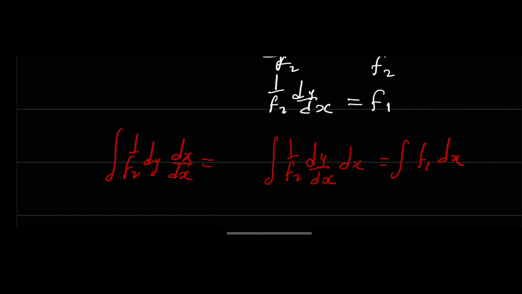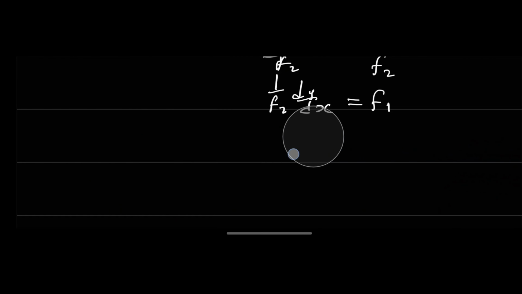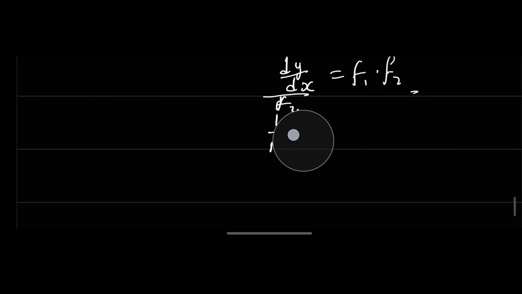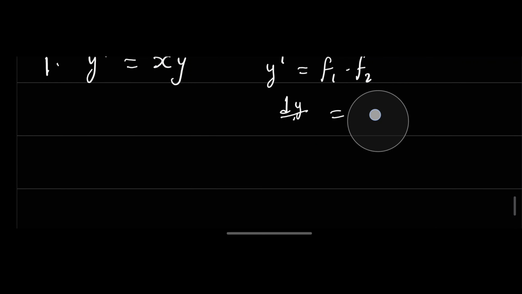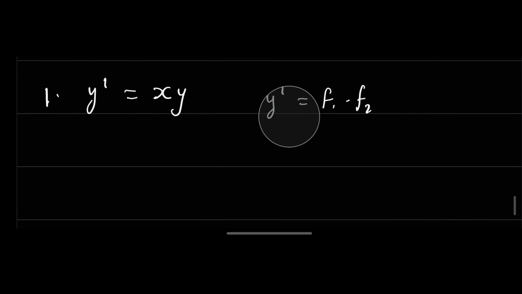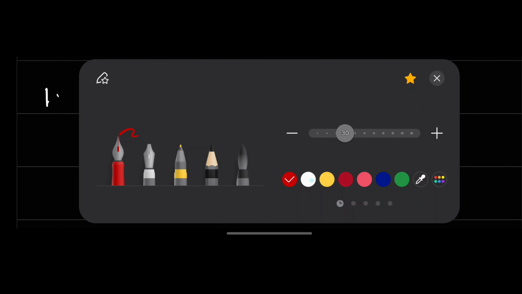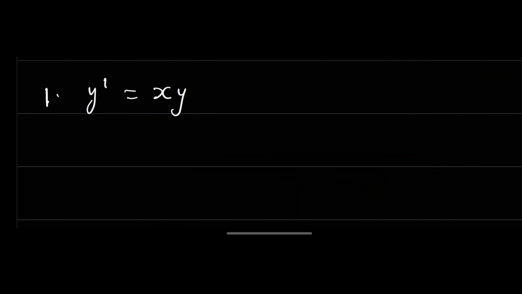The differential of x with respect to itself is still 1, so this becomes a 1. That's the way to think about it, and not think about it as algebra. The operator is not a fraction. Okay, I want to make that clear. All right, so now that we know how to use the method, let's go ahead and use it to solve the first example.